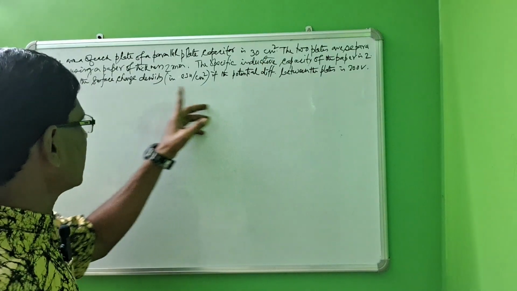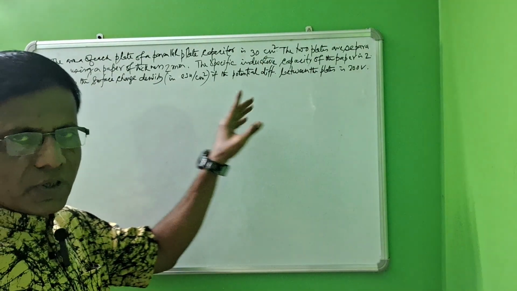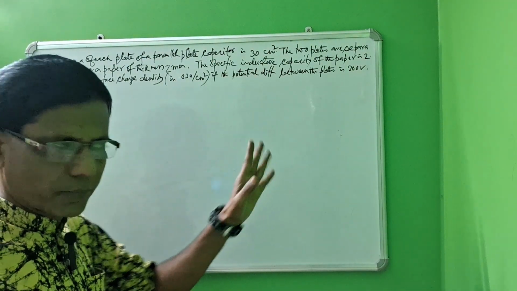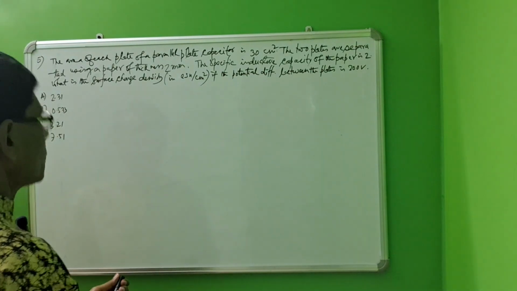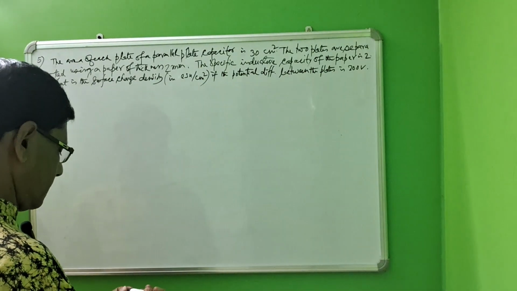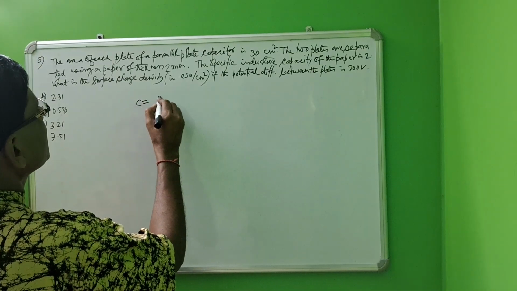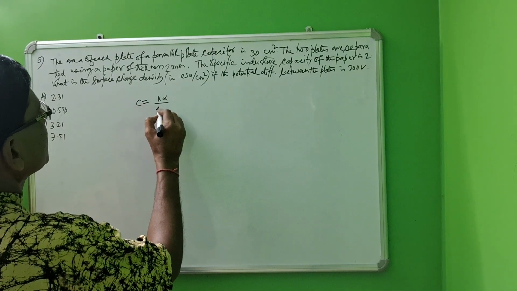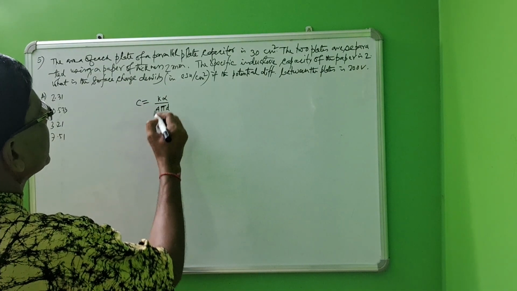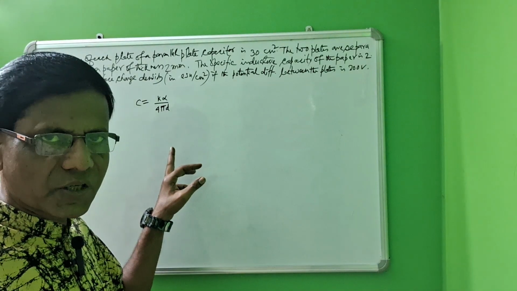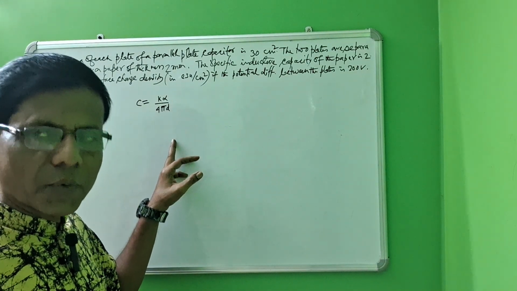ESU per centimeter square, in this way. Not SI system. So capacitance C equals K alpha upon 4 pi d. In SI system this is K alpha upon d.